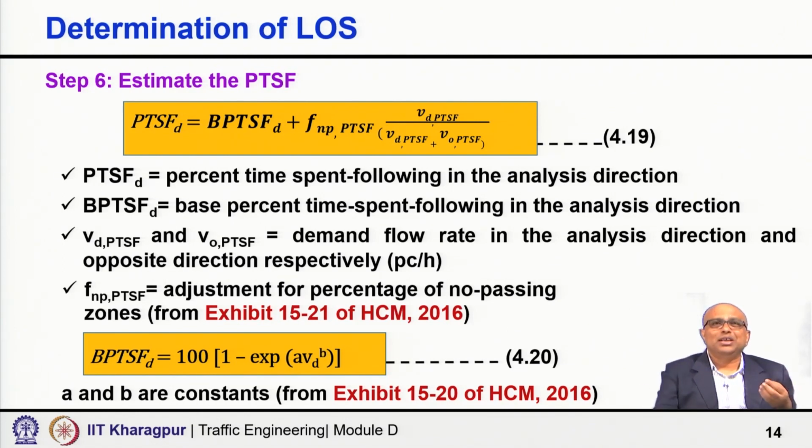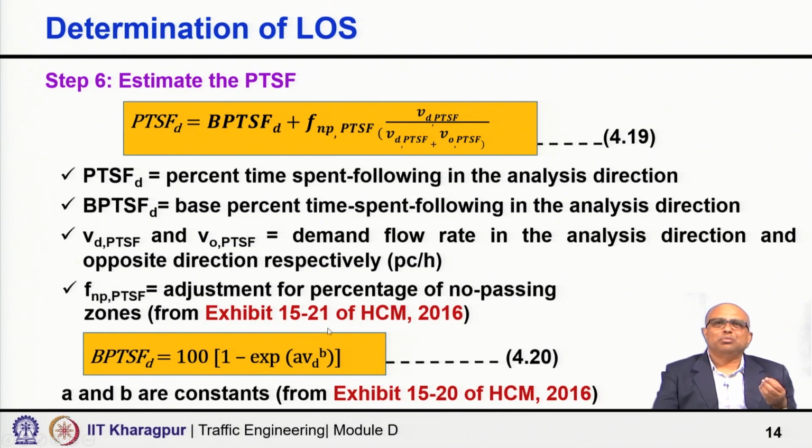It may be calculated depending on the percentage of no-passing zone, applying the necessary correction factor and considering the volumes. So, that is what is done here. BPTSF_d is the base percentage of time spent following, where d indicates the analysis direction and o indicates the opposing direction.